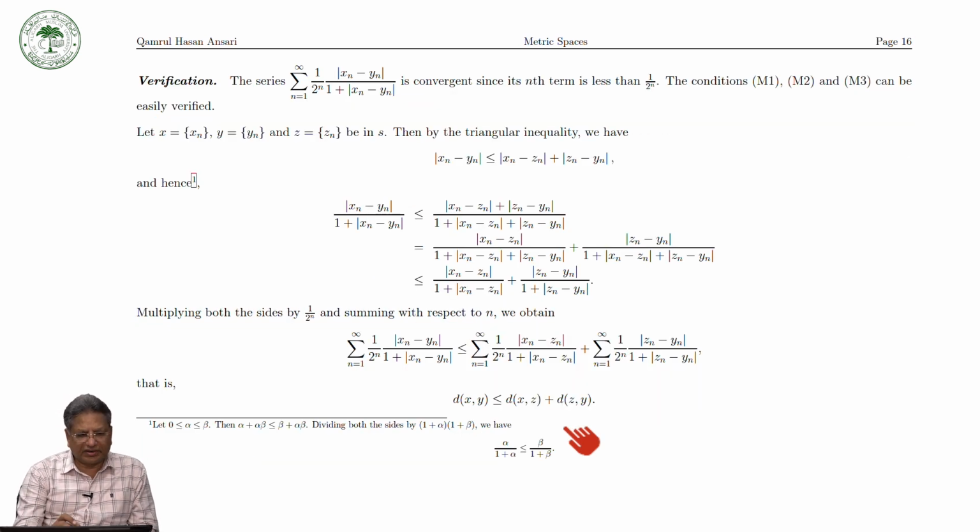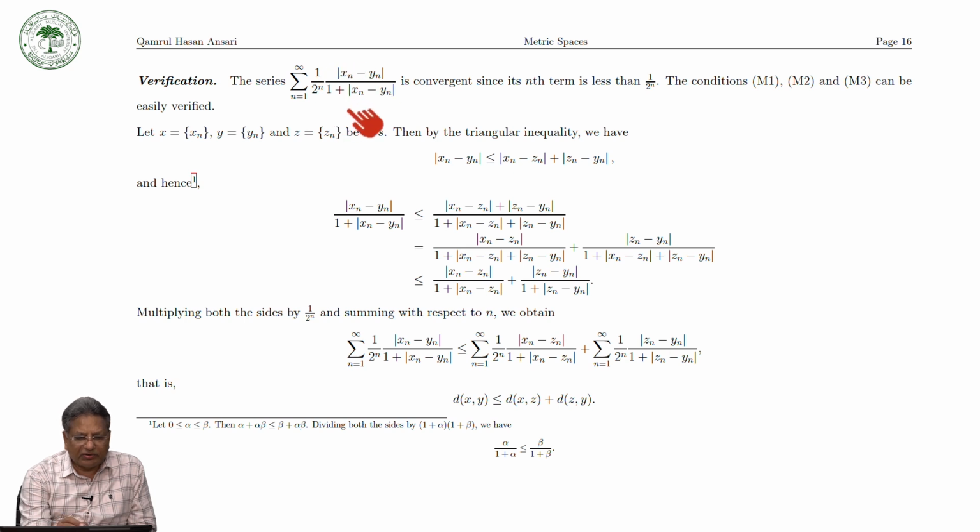First you see that this series is convergent because the nth term is less than 1 over 2 raised to the power n. So this series is convergent. If this series is divergent, then dxy is not well defined. So that's why we are considering this term over here.